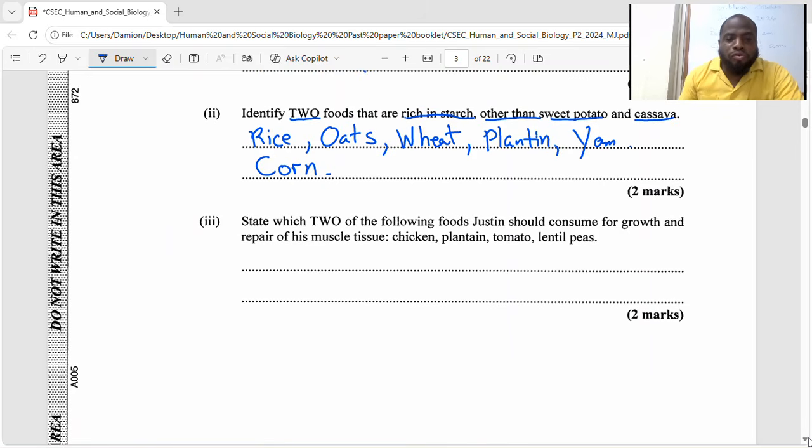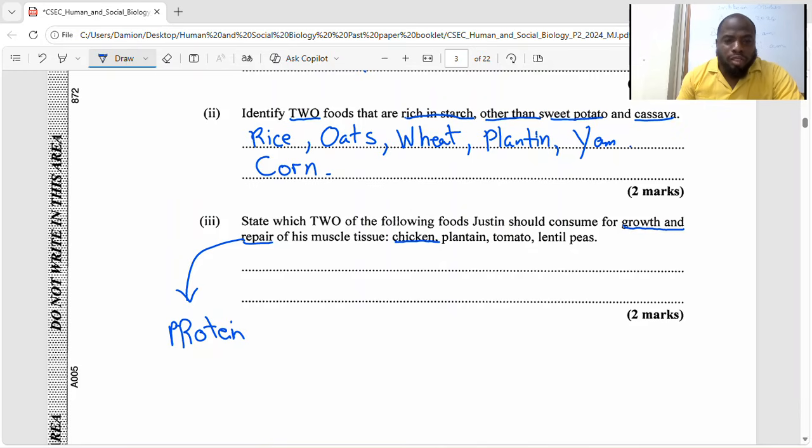State which 2 of the following foods Justin should consume for growth and repair. Once you hear growth and repair, you should be starting to think about protein. I know protein helps with the repair of tissues and the growth and development.